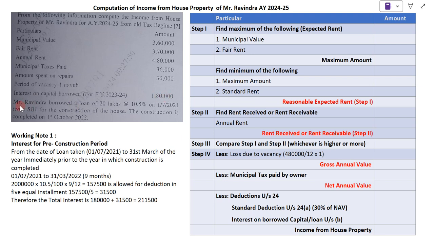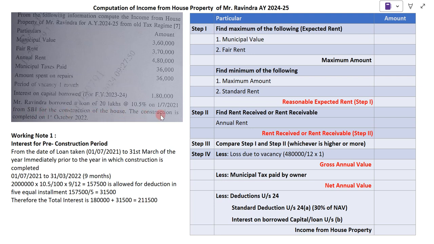Now the additional information is given that Mr. Ravindra borrowed a loan of rupees 20 lakhs at 10.5% on 1st July 2020-21 from SBI bank for the construction of the house.